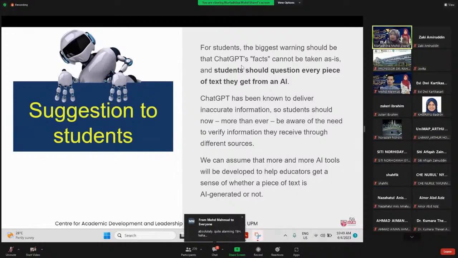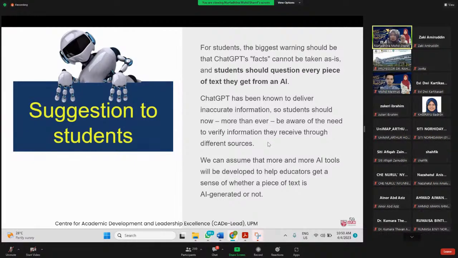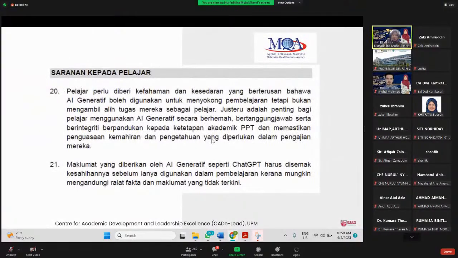The facts from ChatGPT cannot be taken as is, and students need to question every piece of text that they get from AI, because there is a possibility of inaccurate information, as I showed earlier in the example of questions on supervised learning. And we need to assume there will be more and more AI tools being developed.